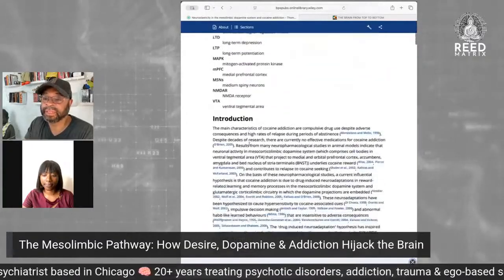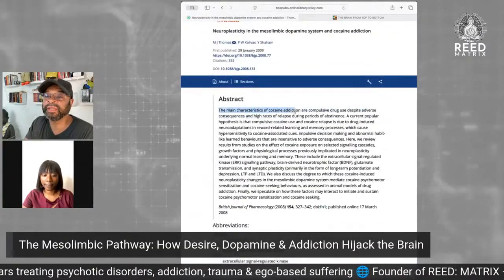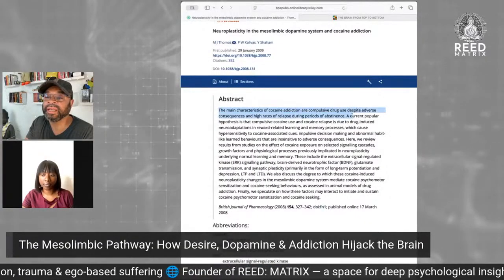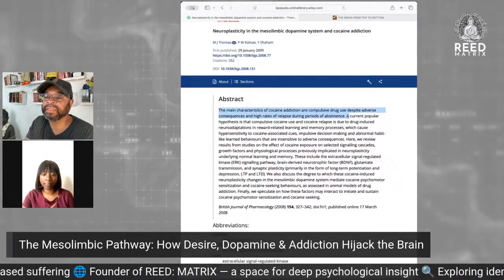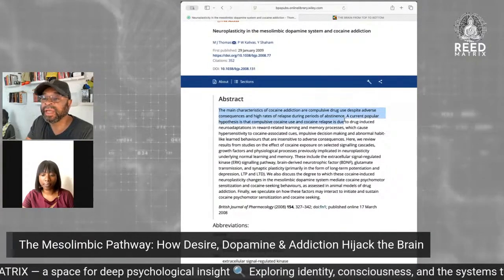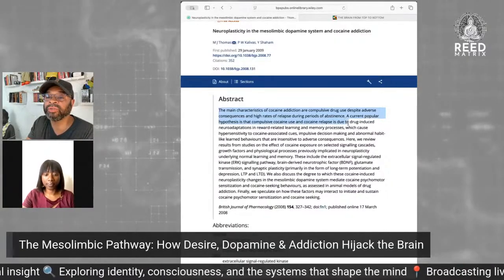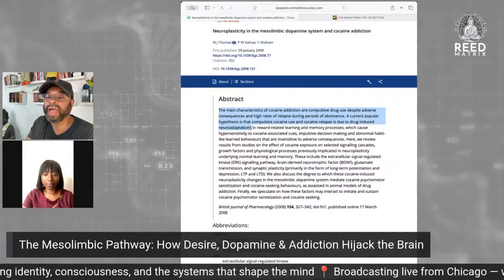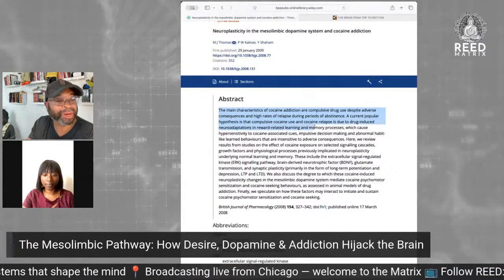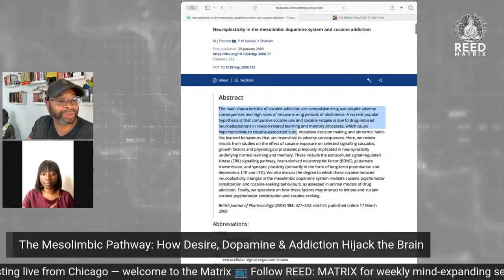The main characteristics of cocaine addiction are compulsive drug use despite adverse consequences and high rates of relapse during periods of abstinence. The current popular hypothesis is that compulsive cocaine use and relapse is due to drug-induced neuroadaptations in reward-related learning and memory processes caused by hypersensitivity to cocaine-associated cues.